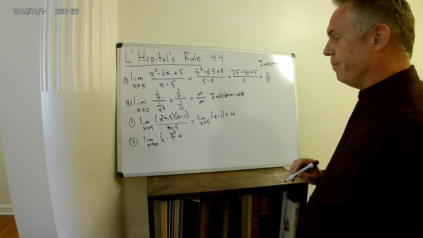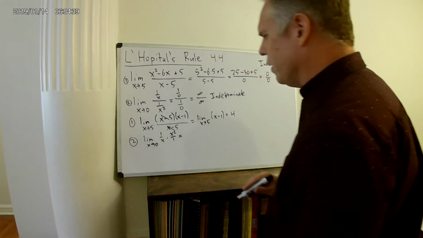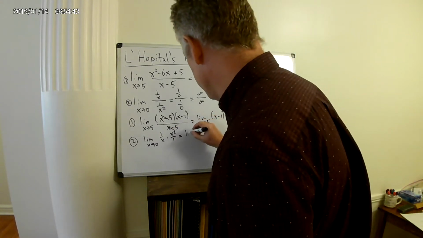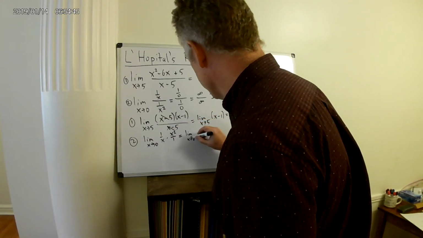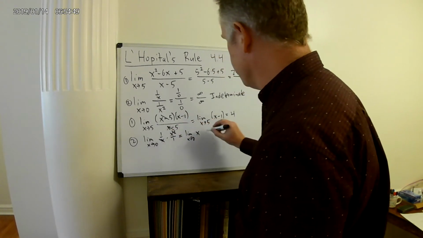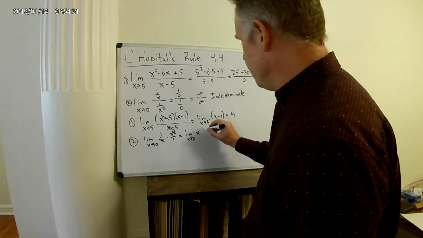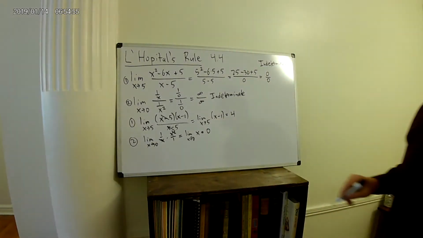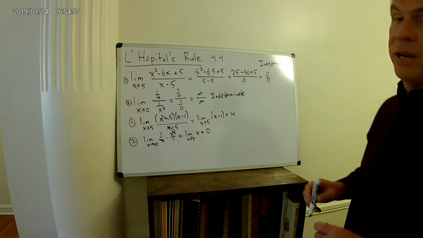If we cancel these x's, we get the limit as x approaches 0 of x, and this equals 0. So we've determined this limit is 0, so it's no longer indeterminate.